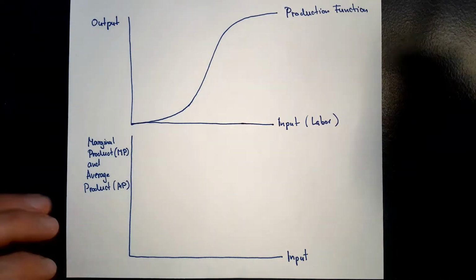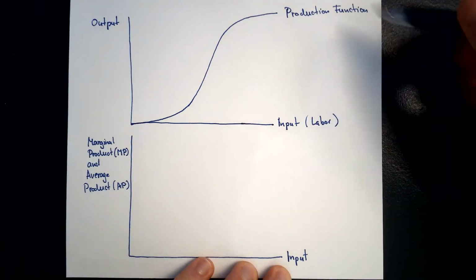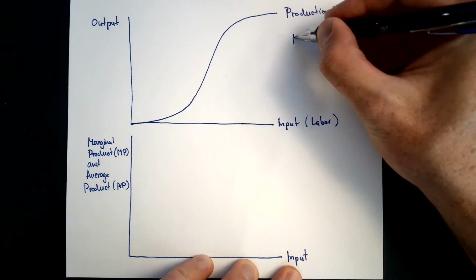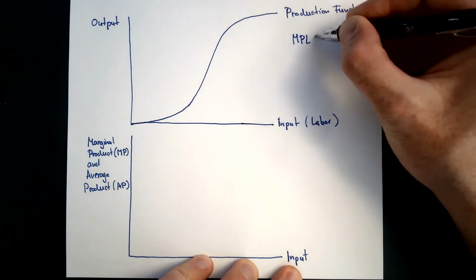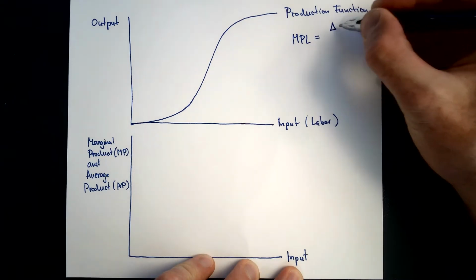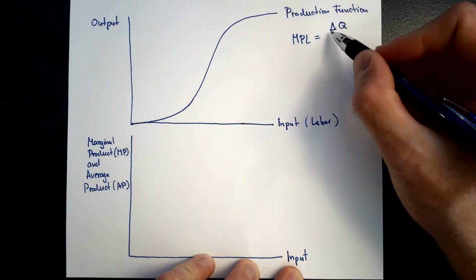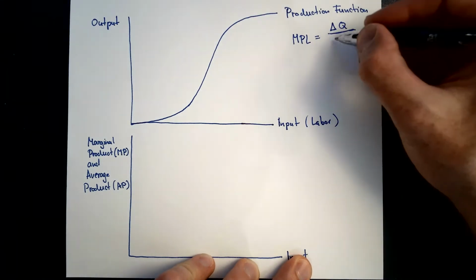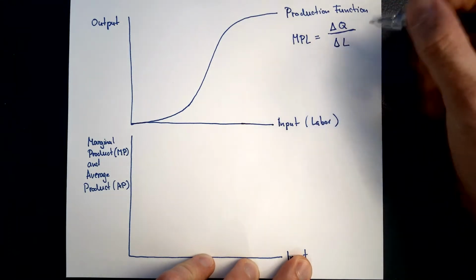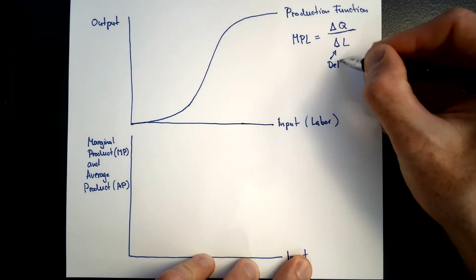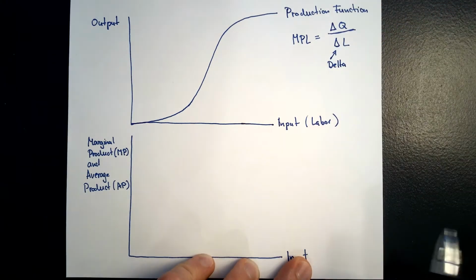Now, marginal product, or marginal product of labor, let's call it MPL, is defined as the change in the production quantity, or the change in output, over the change in labor. Okay, so the little delta here means change in.